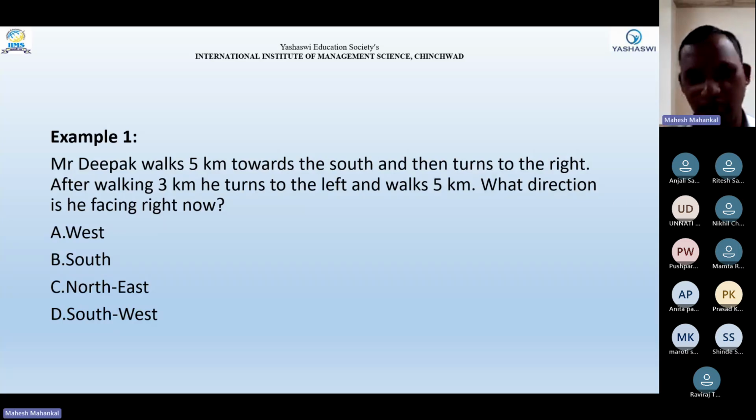Maruti said west is one of the options. Okay. Yes, which direction is he facing? Try to solve. Take a pen and paper and try to solve. Give the answer, then you are able to understand.